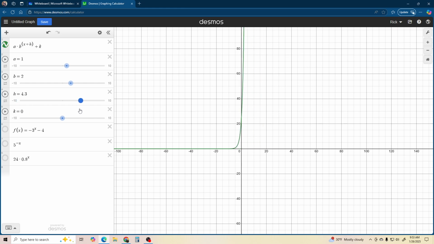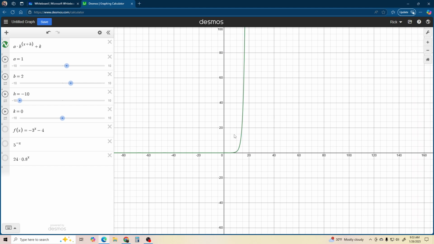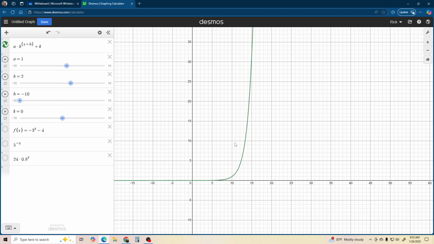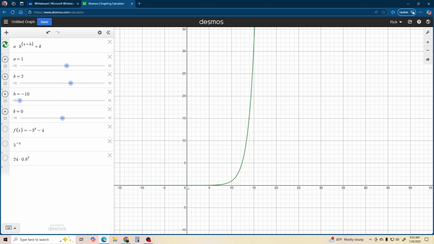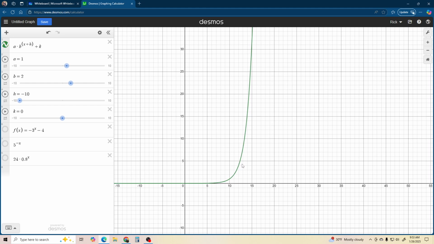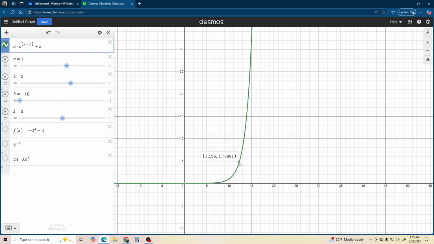All right? And usually a good way to do this is just to look at the intercept. The intercept was supposed to be at 1, remember how we determined that? Let's think of it this way.